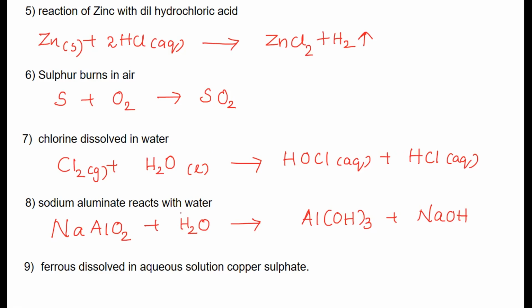So on the left I am going to multiply the water by 2. Now let us check the equation. Hydrogen: 2 into 2, 4 hydrogen, and on the right 3 plus 1, 4 hydrogen. Oxygen is 3 plus 1, 4 here, and here 2 and 2, 2 plus 2, 4 oxygen. Aluminium 1, sodium also 1. So the equation is balanced.